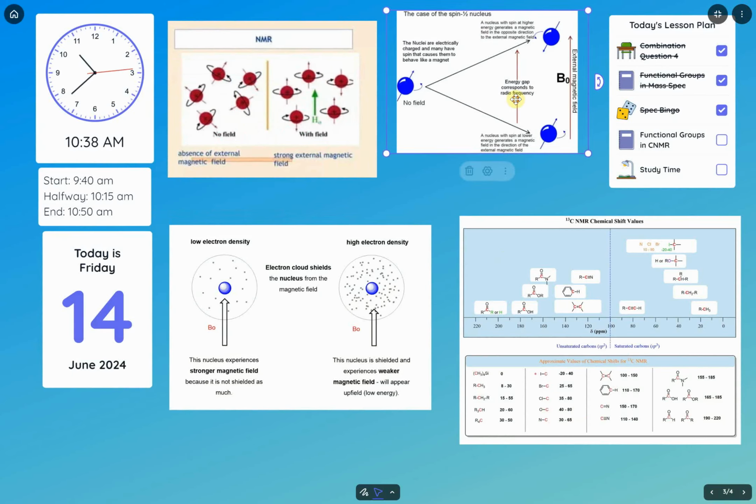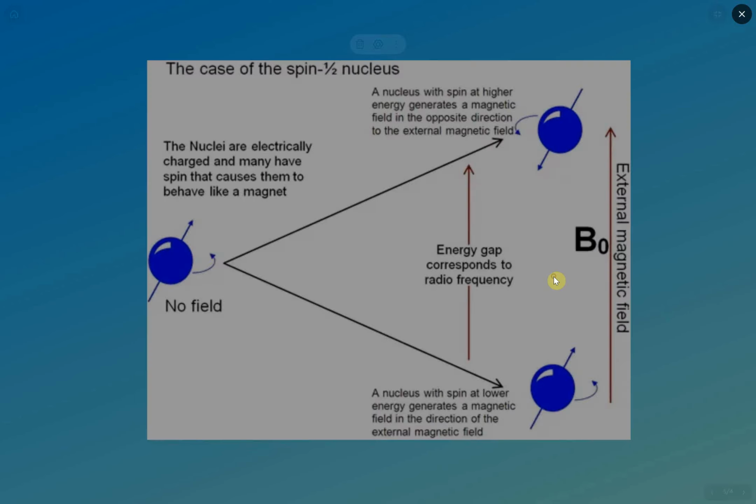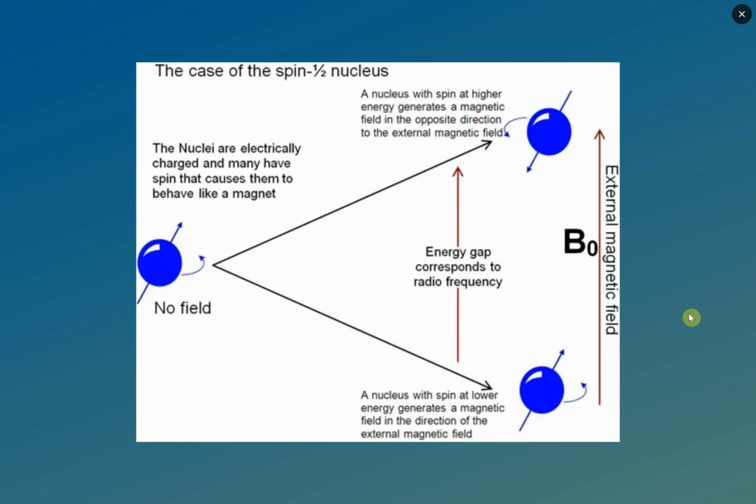Okay. Second idea is, let me spotlight this here. The second idea is how they are aligning with the magnetic field. If they're going parallel with the magnetic field, that is a lower energy state. It doesn't require as much energy to go with the magnetic field, which makes sense because you're going in the same direction. If you're going against the magnetic field, that requires more energy.